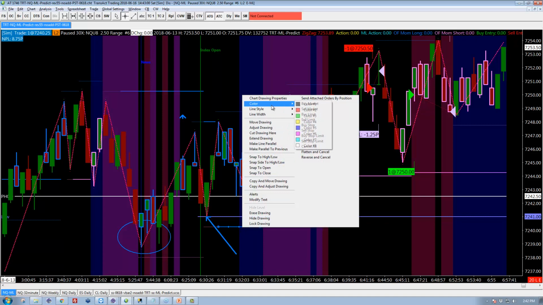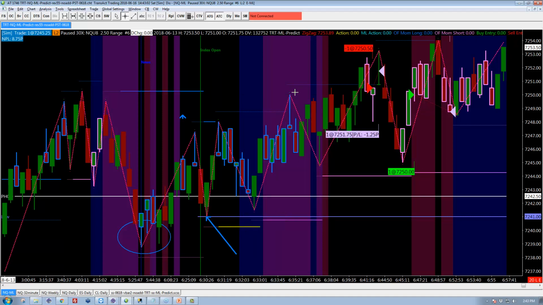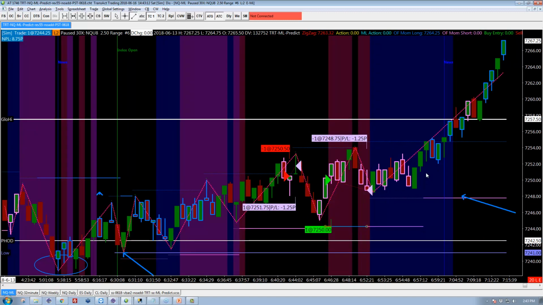Okay, so let's make this yellow. And then to the next one, and to the next one, and the next one. And it'll just keep doing that as long as your natural trail doesn't take you out sooner. Okay.